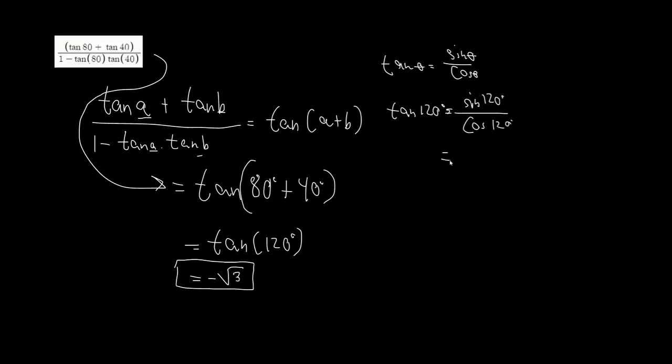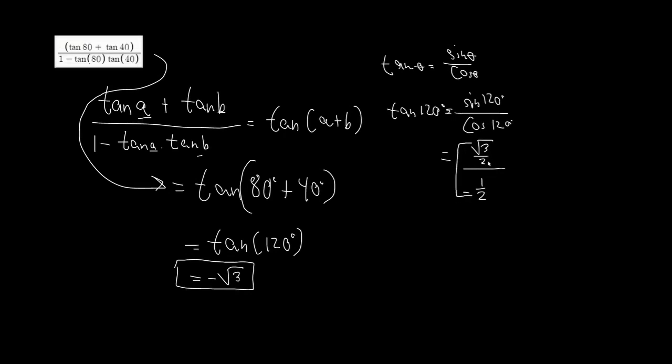That's it. So sine of 120 degrees is what? Square root of 3 over 2, all over cosine of 120 degrees, which is negative 1 over 2.